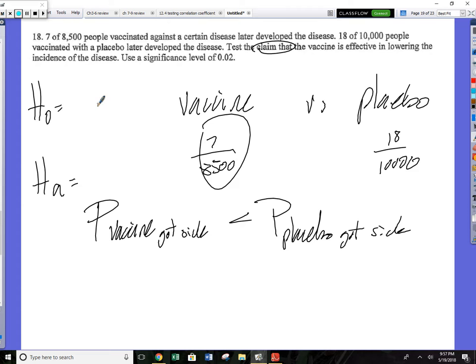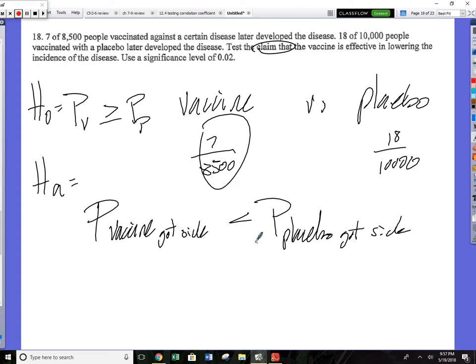And so your Ho is going to be opposite. Vaccine is greater than or equal to, this always has to be inclusive, the population proportion of the placebo.